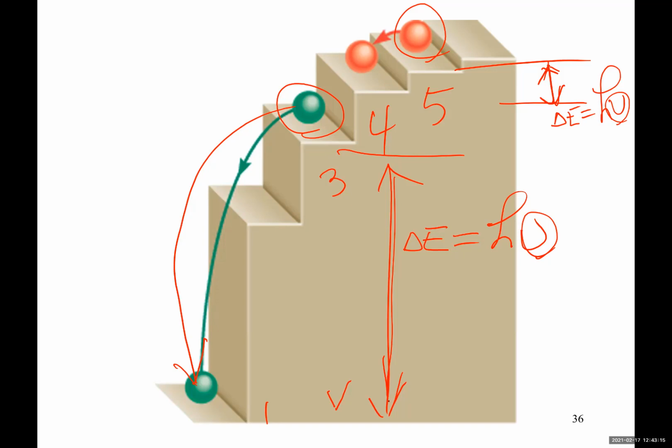Electrons dropping from the 5th level to the 4th level release a lower frequency, lower energy emission. And a line showing electrons dropping from the 3rd level to the 1st level is going to have a larger energy gap, larger frequency, and different colors.